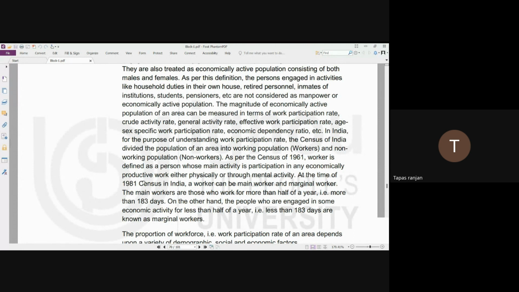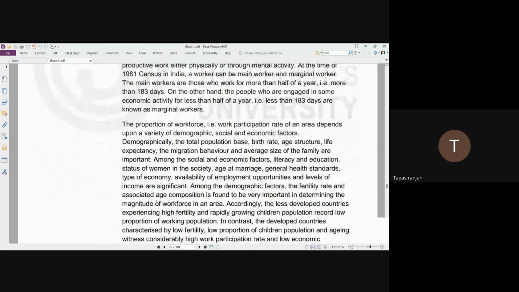If any worker is getting work for more than 183 days, they will be considered a main worker, while marginal workers are getting jobs for less than 183 days.